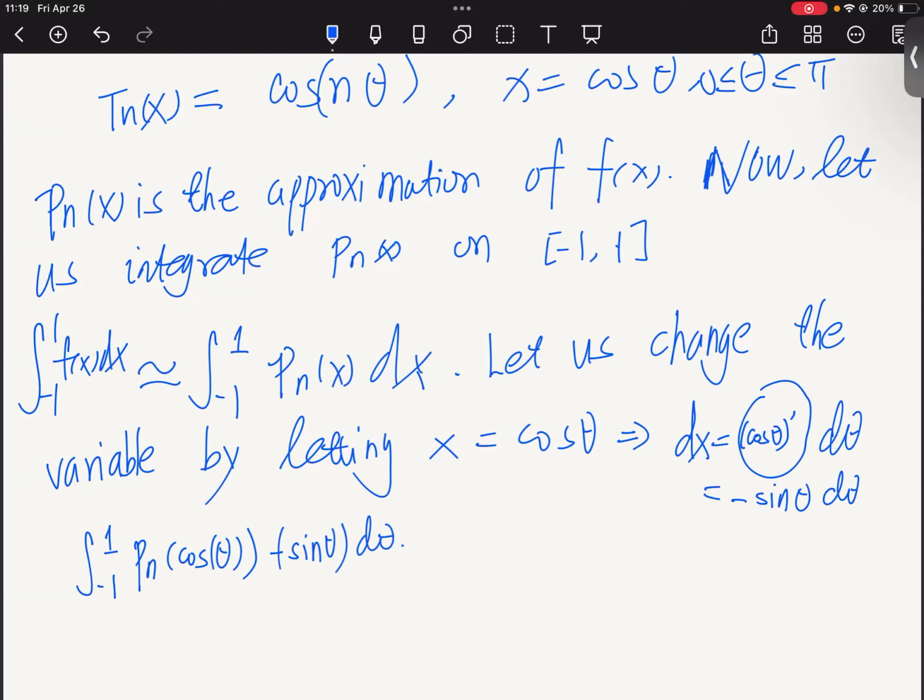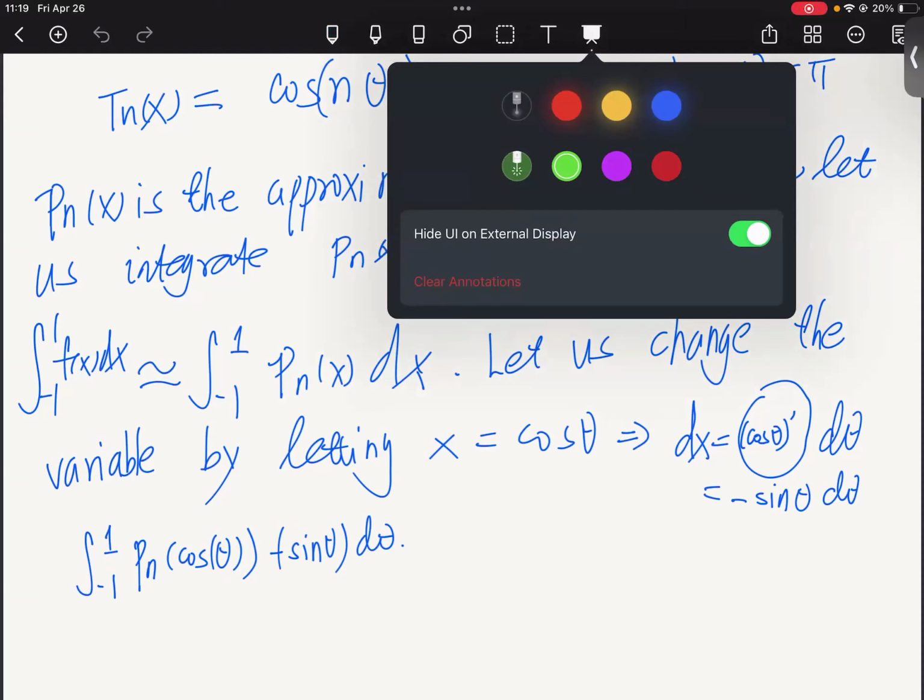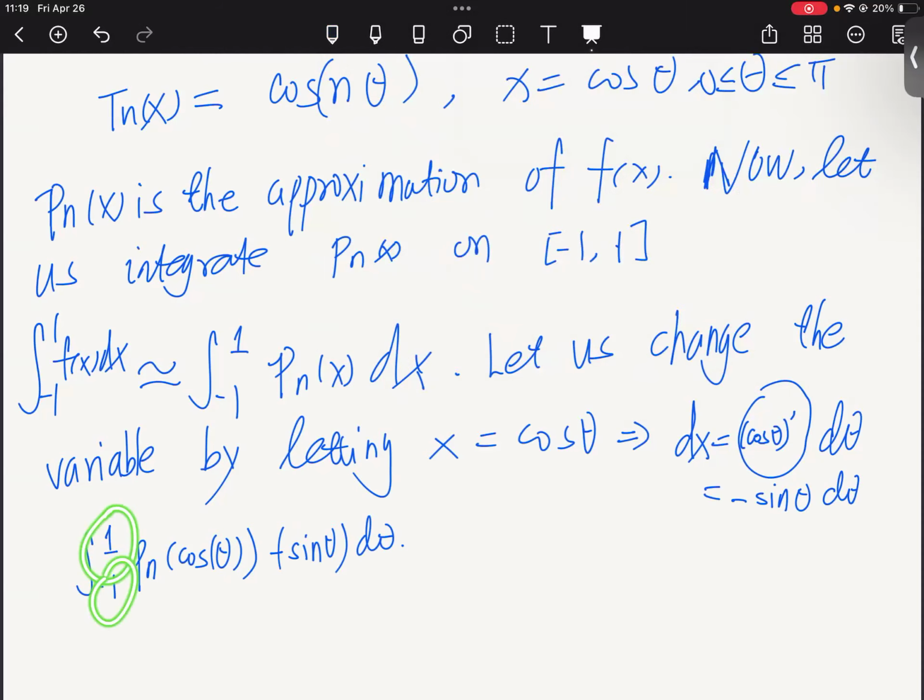And there's one thing I need to change here. I should not write this down so quickly. This one, -1 and 1, because I have already changed the variable. I have used this cosine theta to change the theta range to the x range, right?